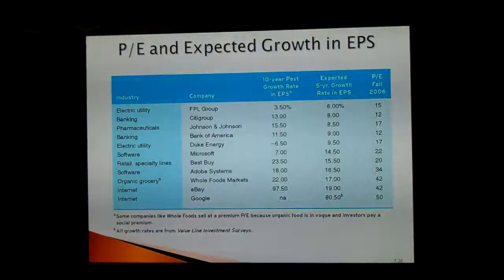Here are some P/E ratios of industries, okay, and companies, okay. So low P/E ratio. Let's look at a high P/E ratio. Best Buy, right? Yeah, that was a growing company from, what was this, probably 2000 to 2010. But look at its expected 5-year growth. It's dropping, right? Let's look at another one. eBay, look at that. 10-year past EPS growth rate, 97.